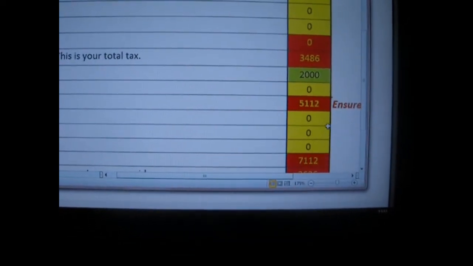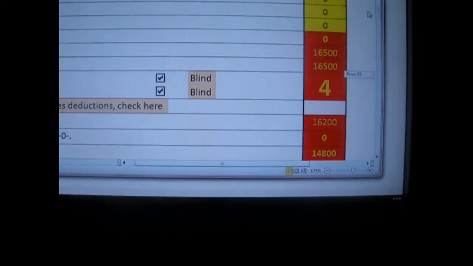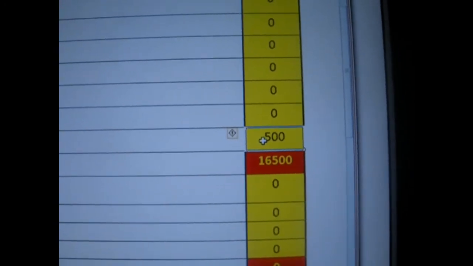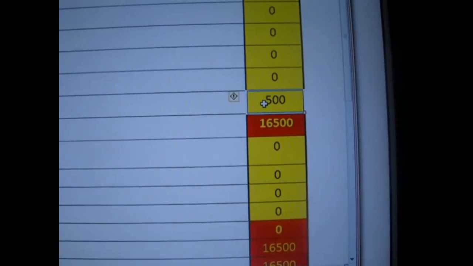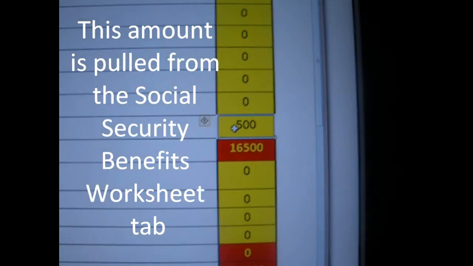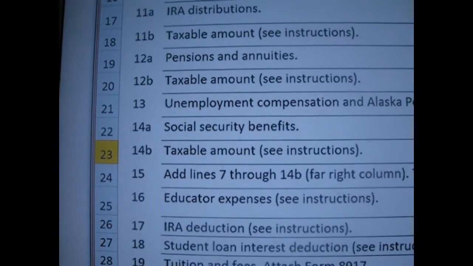Notice here, this section right here says taxable income. Even though it's yellow, you don't have to do anything for that one. I'm going to change that to red, so you don't do anything there. But anyway, that calculates for you. If we go over here, that is the taxable amount on line 14B.